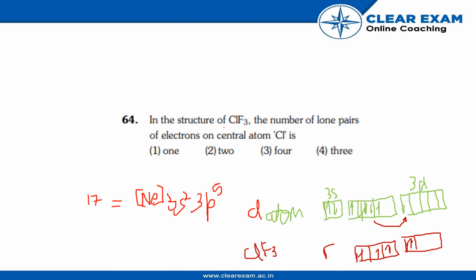And this is 3s, and oh sorry, I made a mistake, this will be paired, and this is 3p.